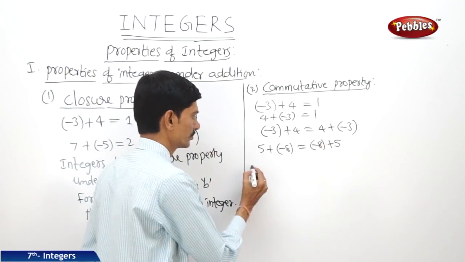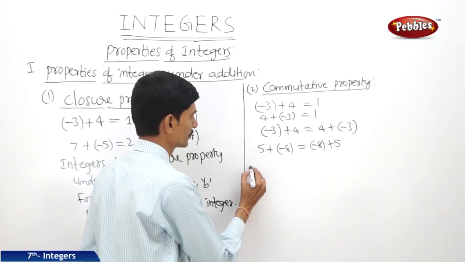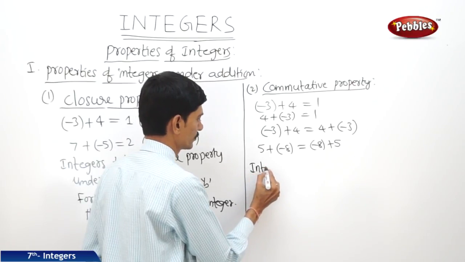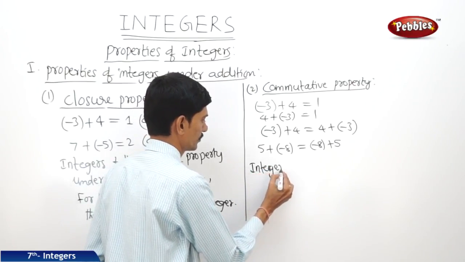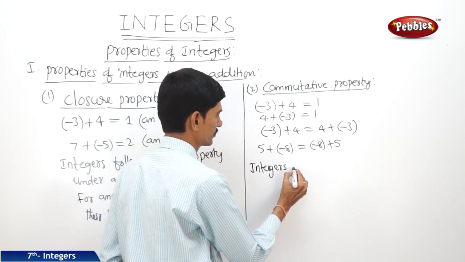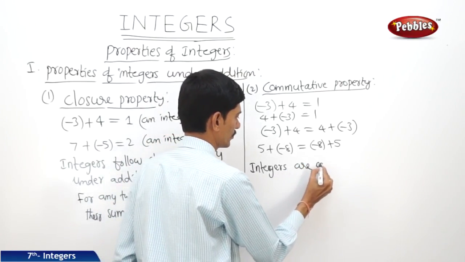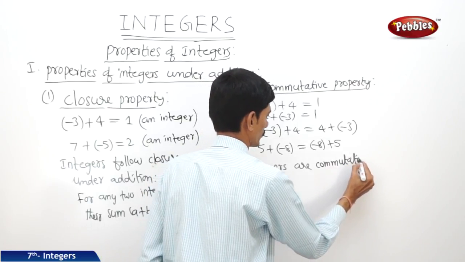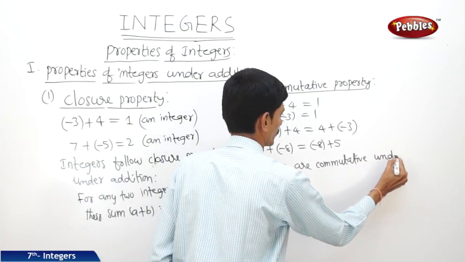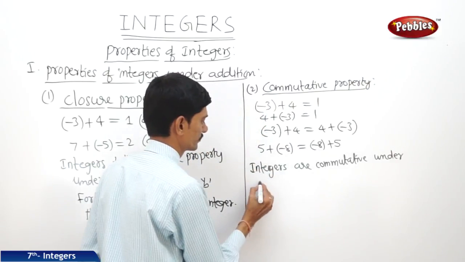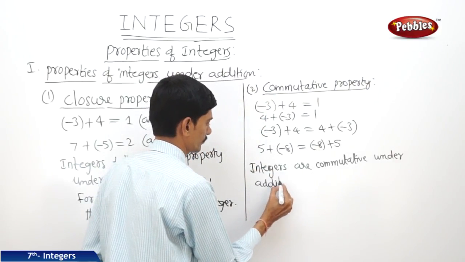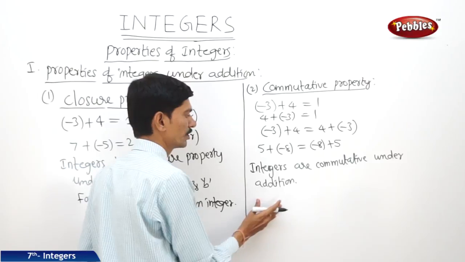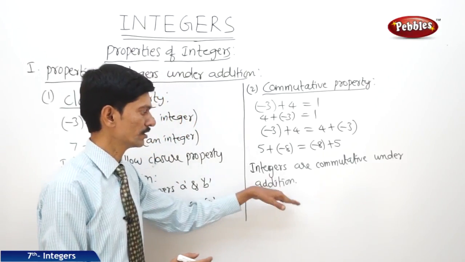Now we can write that integers are commutative under addition, or you can write integers follow the commutative property under addition.